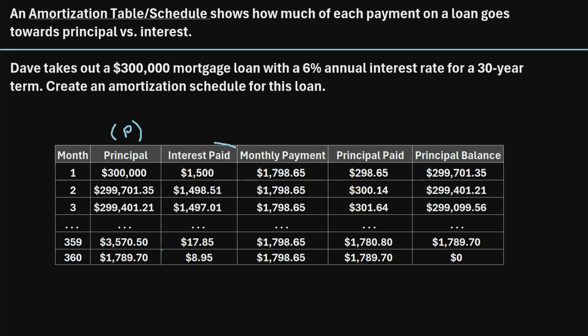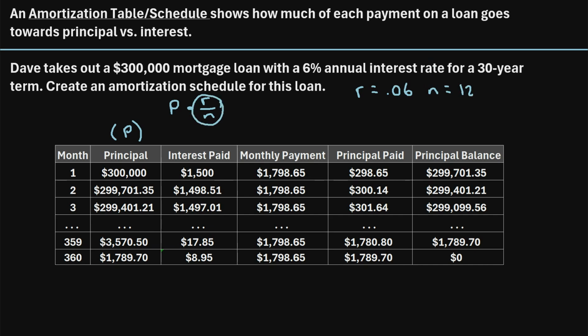The next column is interest paid. The way that we calculate the interest paid is we take the principal, P, and multiply that by R, the annual interest rate, over N, where N is the total number of months each year we're making a payment. We know that R is 6%. As a decimal, that's 0.06. And N is 12 months in a year.